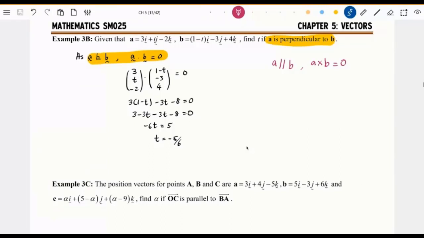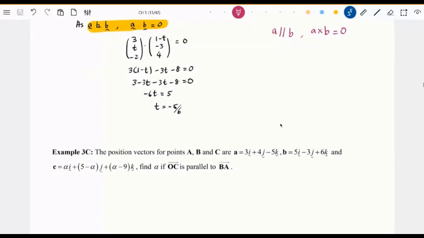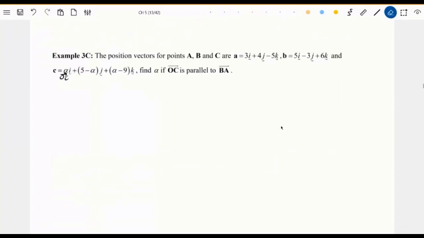Okay, so we're gonna have to find the OC and BA first. Okay, OC tak ada masalah. OC directly we know that will be this one. So ini adalah OC kamu. For BA, macam mana kita nak cari BA? How to find the BA? OA minus OB. Okay, OA minus OB.